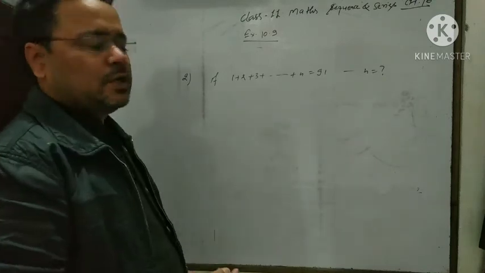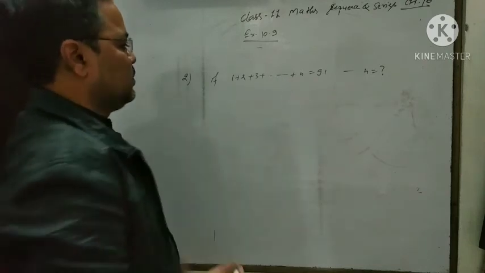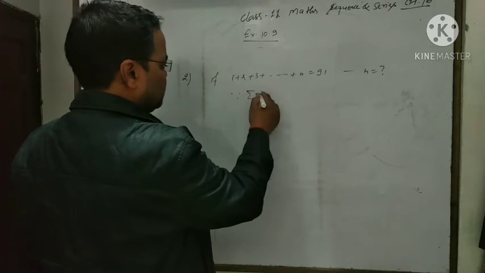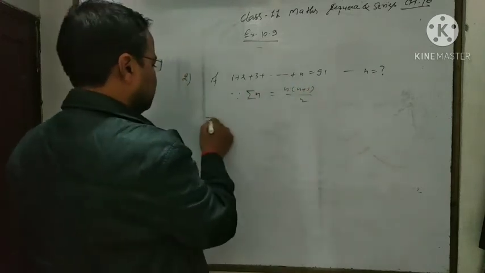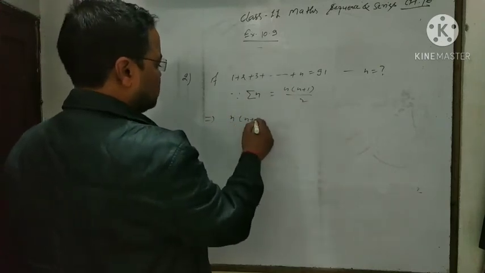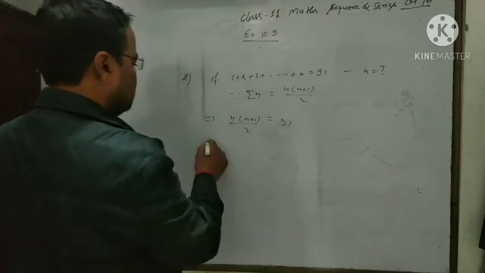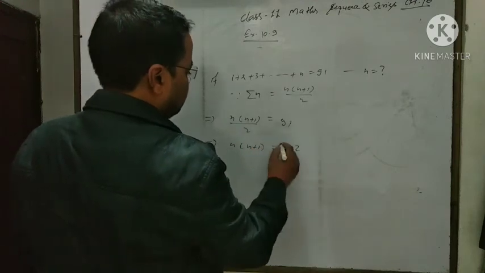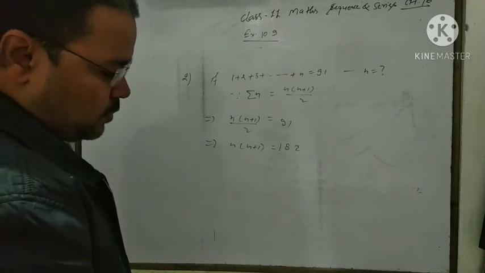Dear student, we know that the sum of the first n natural numbers is equal to n into n plus 1 by 2. This implies that n into n plus 1 by 2 is equal to 91. So n into n plus 1 is equal to 182.